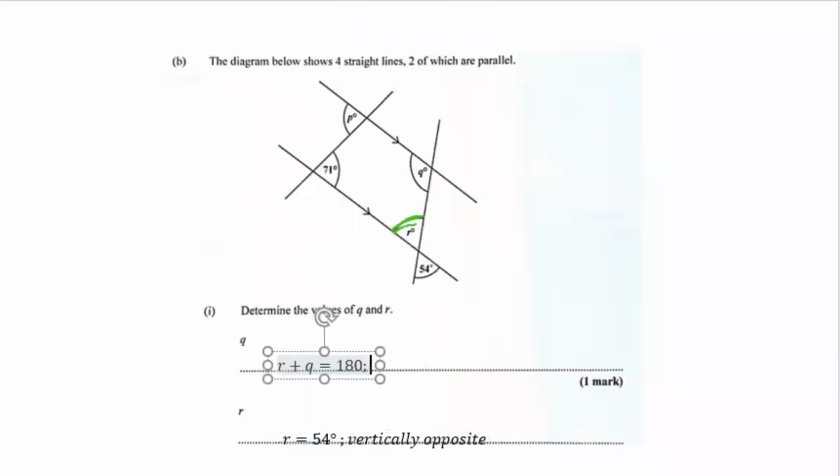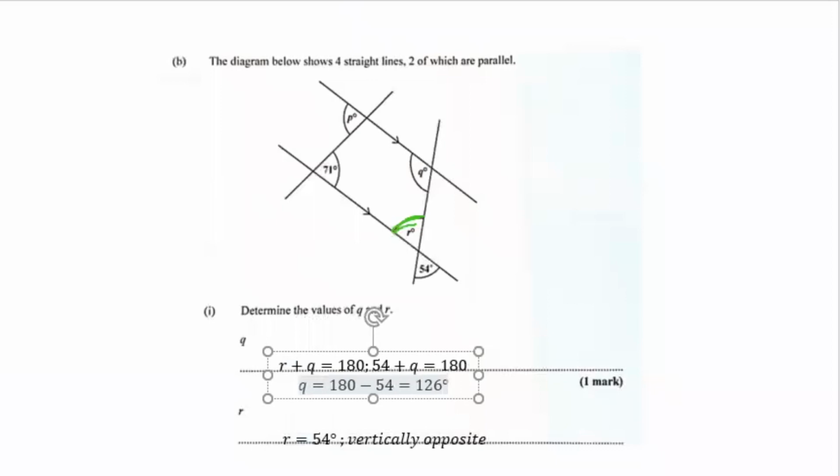I know what R is, which is 54, so 54 plus Q is equal to 180. Therefore, to solve for Q, Q is equal to 180 degrees minus 54 degrees, which is equal to 126 degrees. So my answer for Q would be 126 degrees.